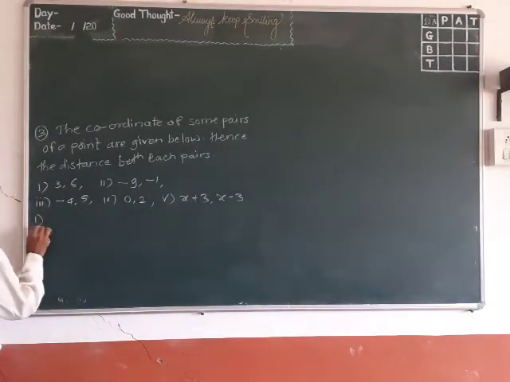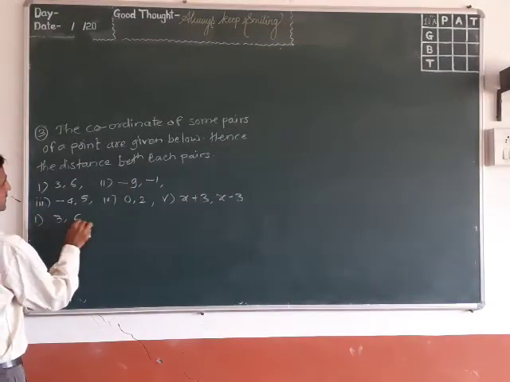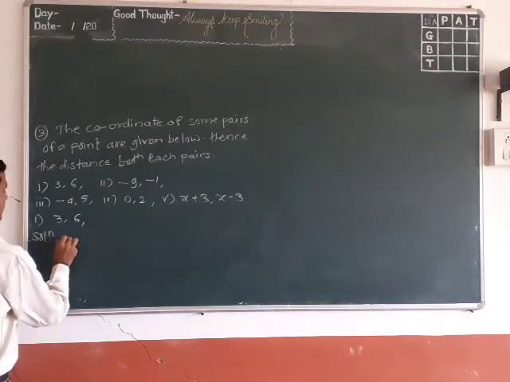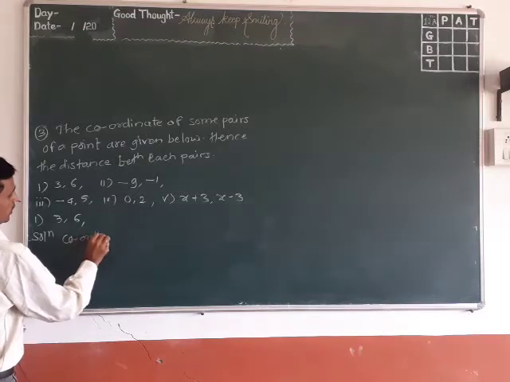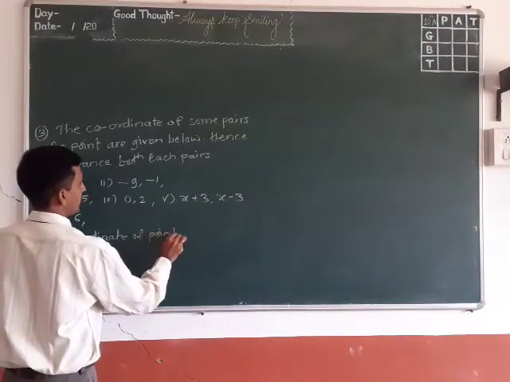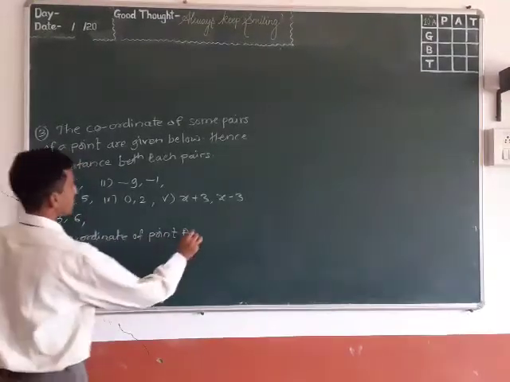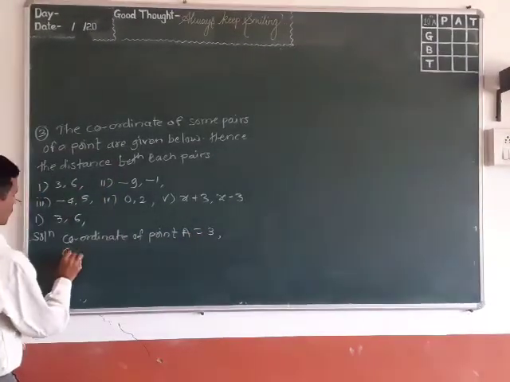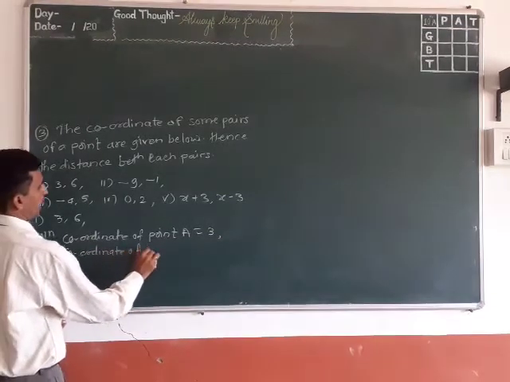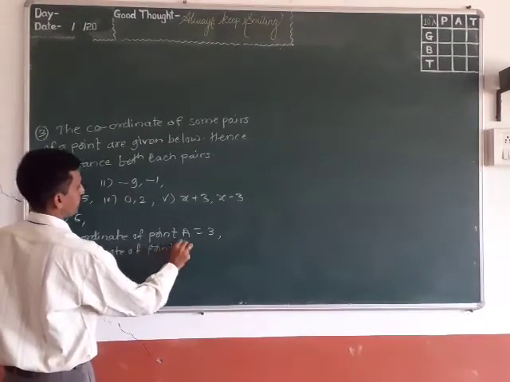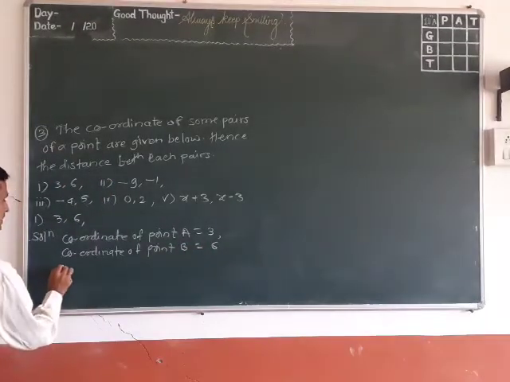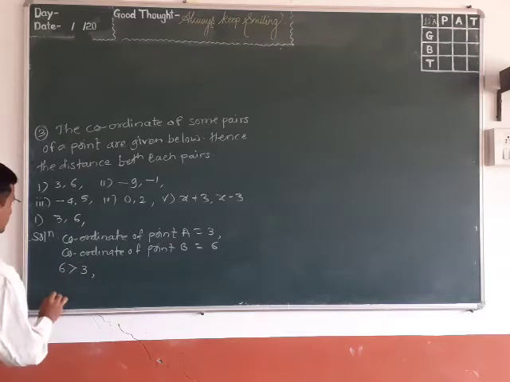First question, 3 and 6. Solution. The coordinate of point A is equal to 3. The coordinate of point B is equal to 6. 6 is greater than 3.